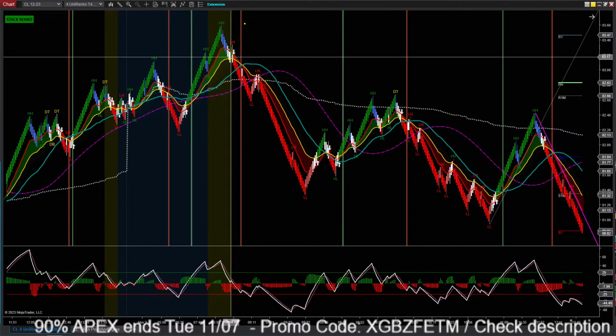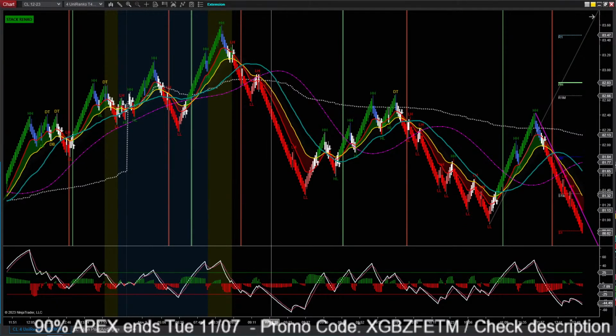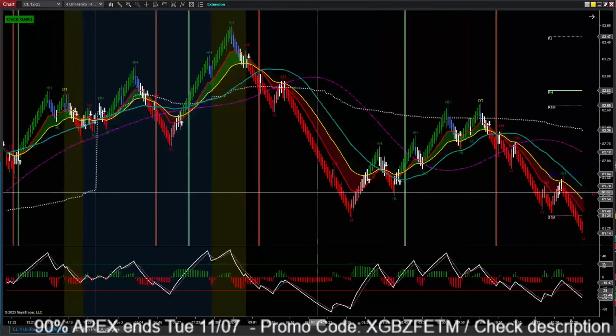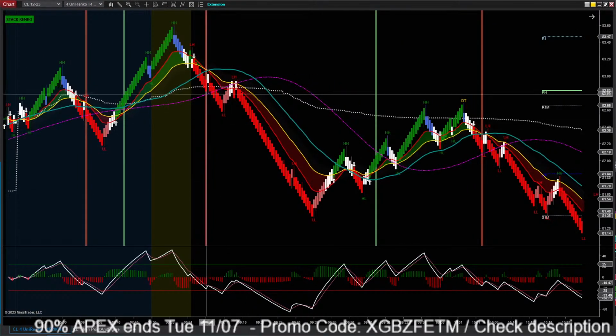Okay, this as we said in the previous video, this here indicates that the 18 EMA is crossing below the 34. The 18 is crossing below the 34, and we're looking at the 34 mostly as triggers for wicks out of the moving averages.